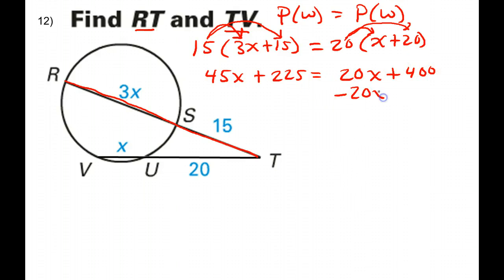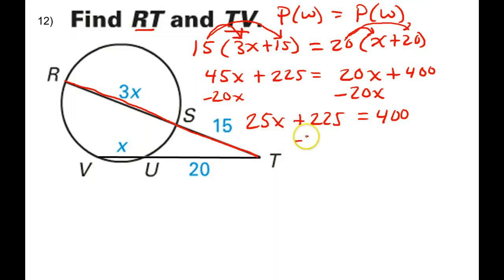We could subtract 20x from both sides. So that's going to give us 25x plus 225 is equal to 400. And then we can subtract 225 from both sides. So that'll give us 25x is equal to 175.